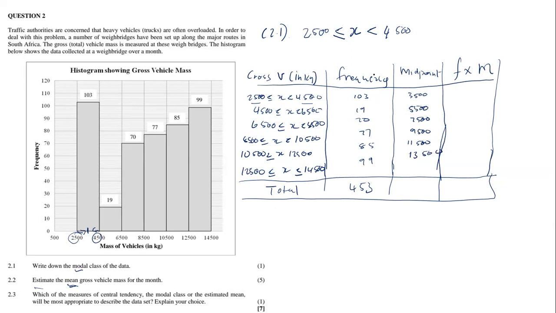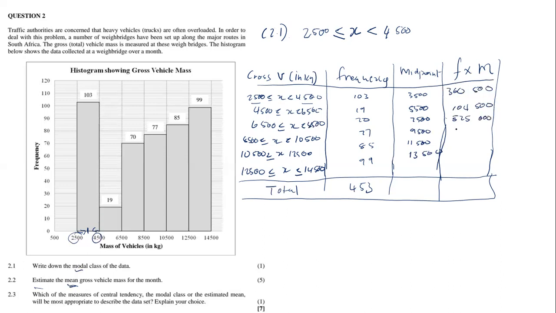And therefore here, it's frequency multiplied by midpoint, meaning 103 multiplied by 3,500. You get 360,500. And therefore 19 multiplied by this, you're gonna get 104,500. Same applies to here: 70 multiplied by 7,500, you're gonna get 525,000.